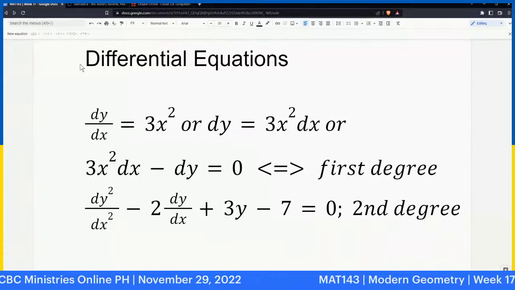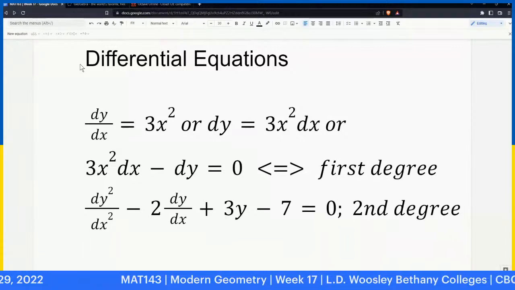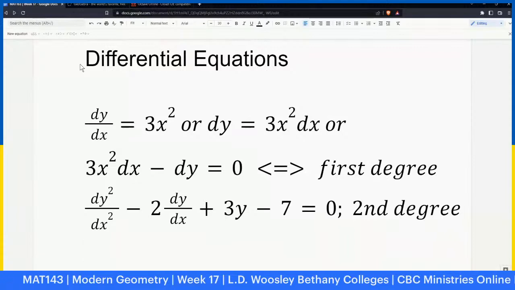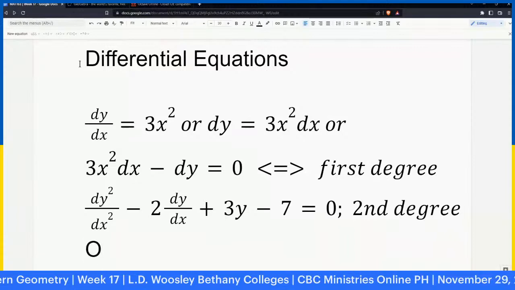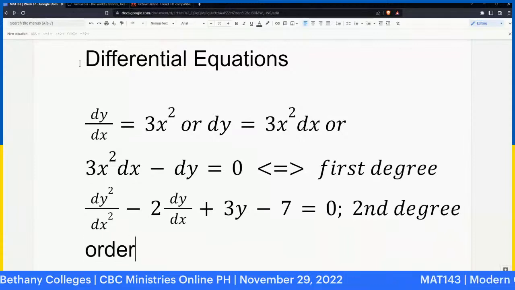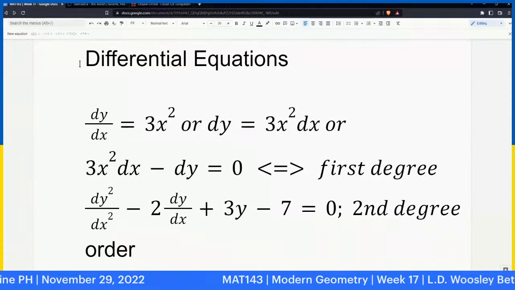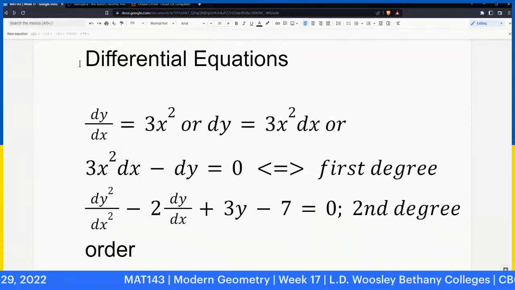Now, there are two concepts here that we need to understand. First and foremost is the order or the degree. These order and degree are interchangeable. The order of a differential equation is the order of the highest derivative appearing in it.